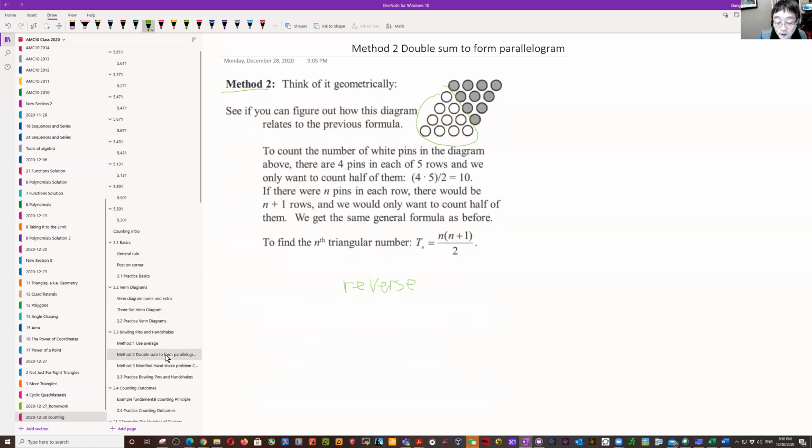If you reverse them and stack them together, then each row, each column will end up with a fixed number, n plus 1. Then n multiplied by n plus 1 is the double sum, and divided by 2 gives you a single sum.